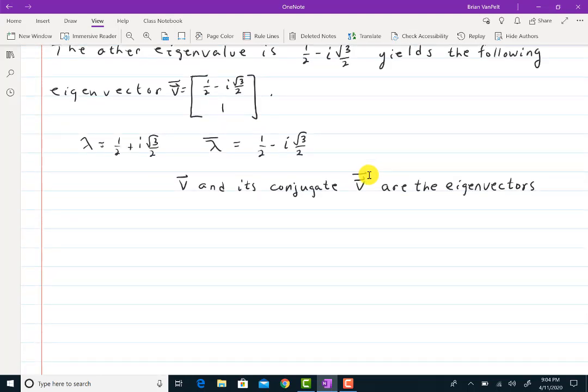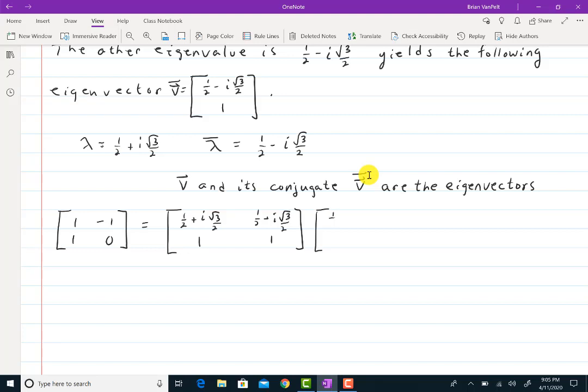So my diagonalization looks like this. I'm going to have 1, -1, 1, 0. That was A. And then remember to make your matrix, you're going to put your eigenvectors, 1/2 plus i radical 3 over 2, 1, and then 1/2 minus i radical 3 over 2, 1. And then we have the diagonal matrix where we put the eigenvalues.